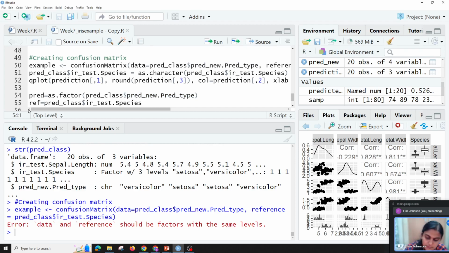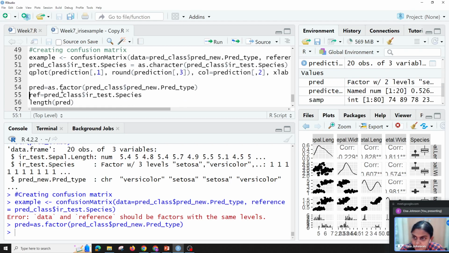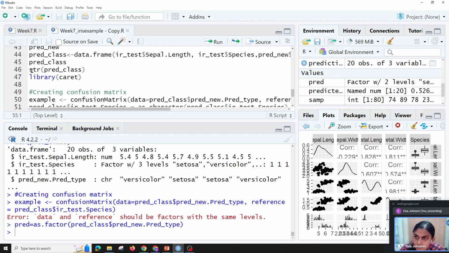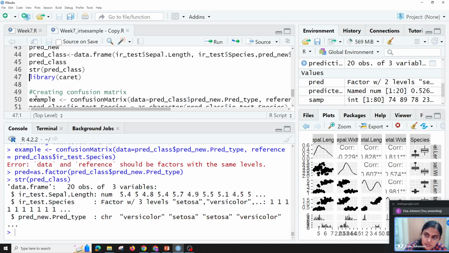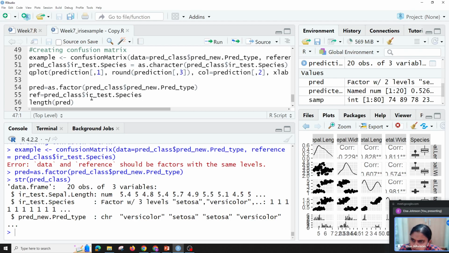Okay, if I run that, and again I am seeing something different. Sorry, I didn't do it like that. I didn't make any changes in the data frame, I have just stored it as pred.